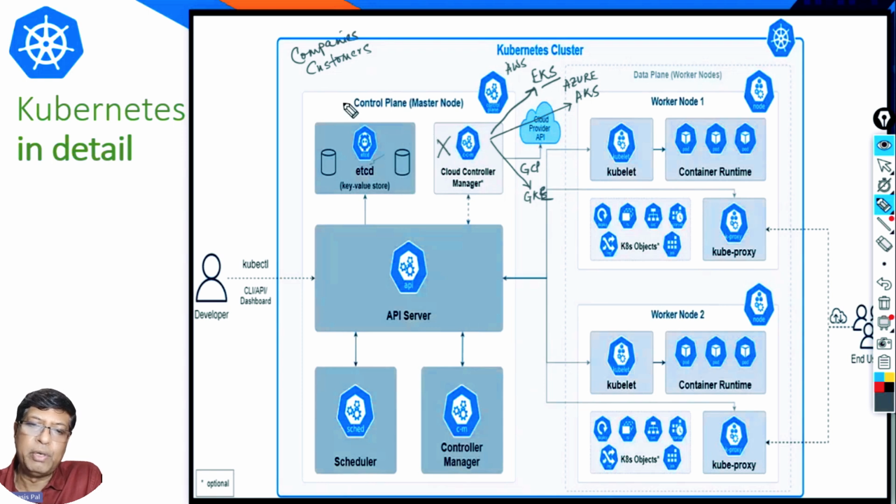They will ask you to implement a Kubernetes cluster without the AWS, Azure or GCP provided Kubernetes services. So this cloud controller manager will not come into the picture at all.